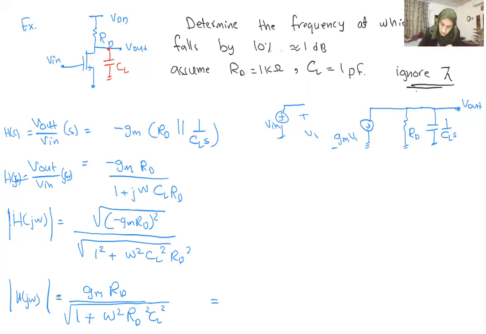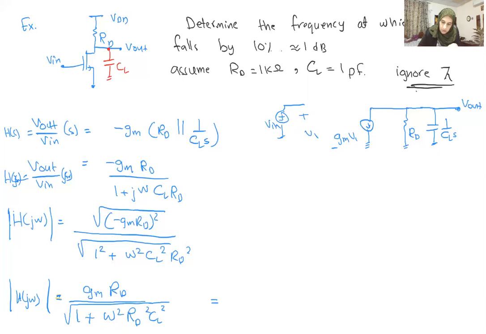The maximum value will occur when this omega is equal to 0, because this is the only thing that we can change. We have control here. We cannot in the circuit at this moment. Once we have designed it, you cannot change the value of RD or the value of CL, but you can change the input frequency that you are applying.